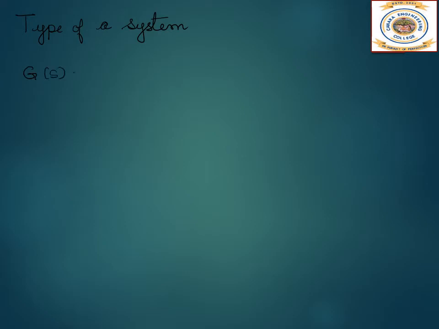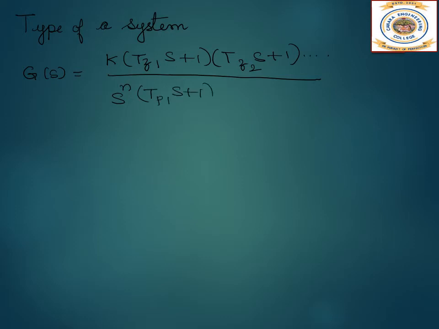G of s can be written as K into (Tz1 s plus 1) into (Tz2 s plus 1) and so on, divided by s to the power n into (Tp1 s plus 1) into (Tp2 s plus 1) and so on. This is called the time constant form.